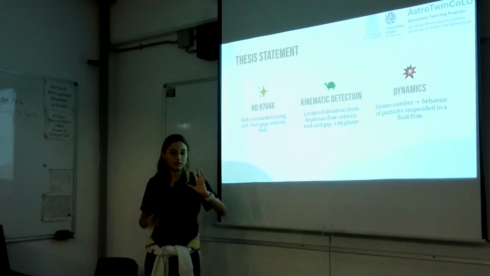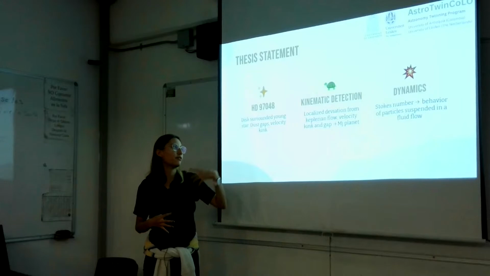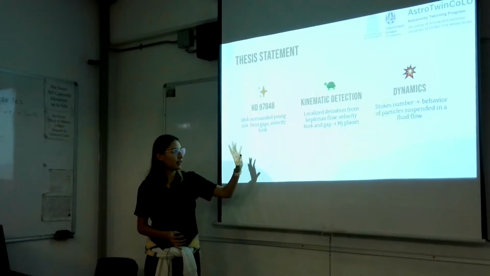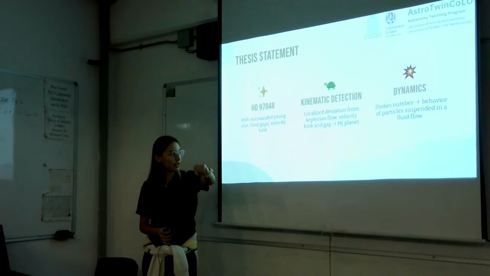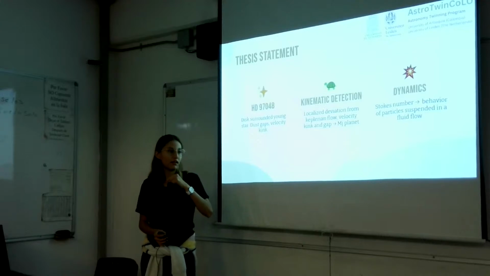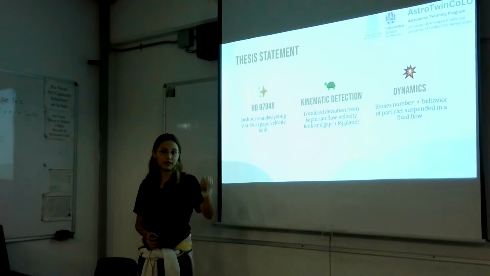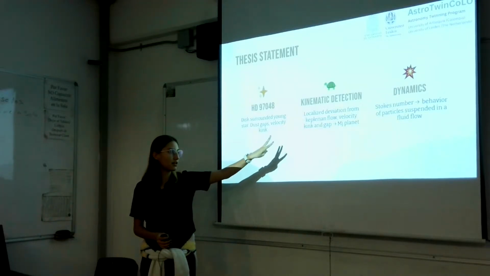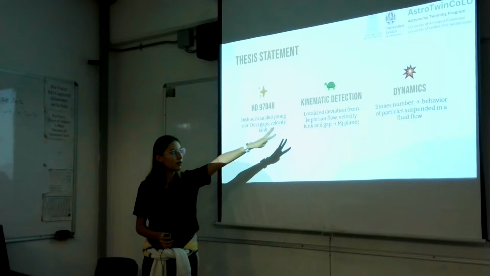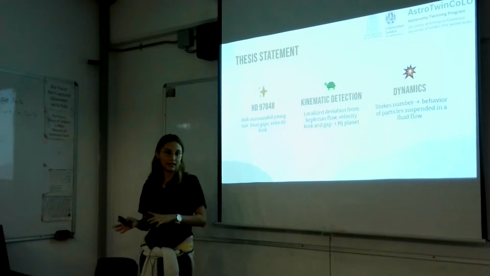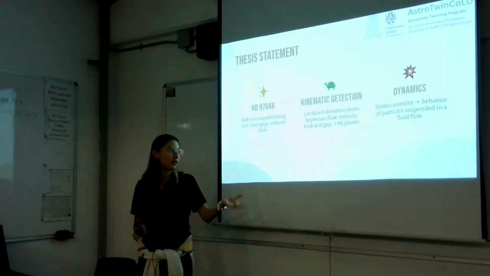They studied the kinematics of this disk, and they found a localized deviation from the Keplerian flow, a velocity kink, and a gap. And they said the most likely thing that could cause those three localized phenomena is a planet with a Jupiter mass.